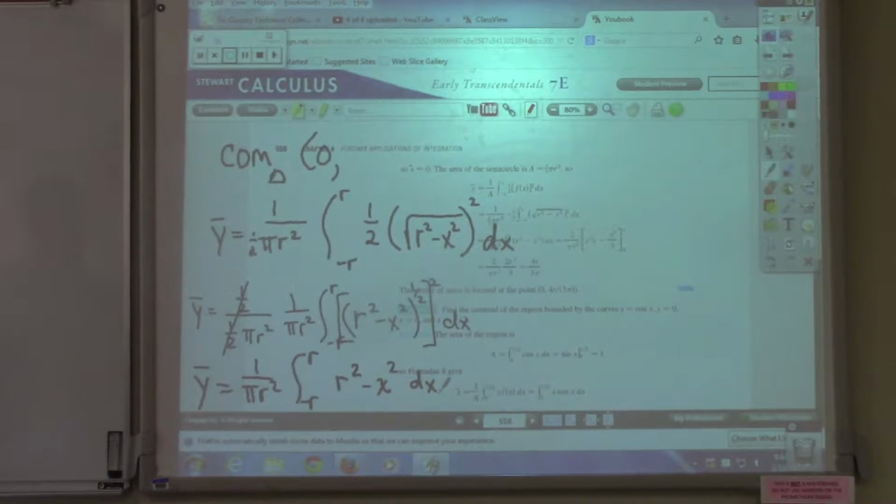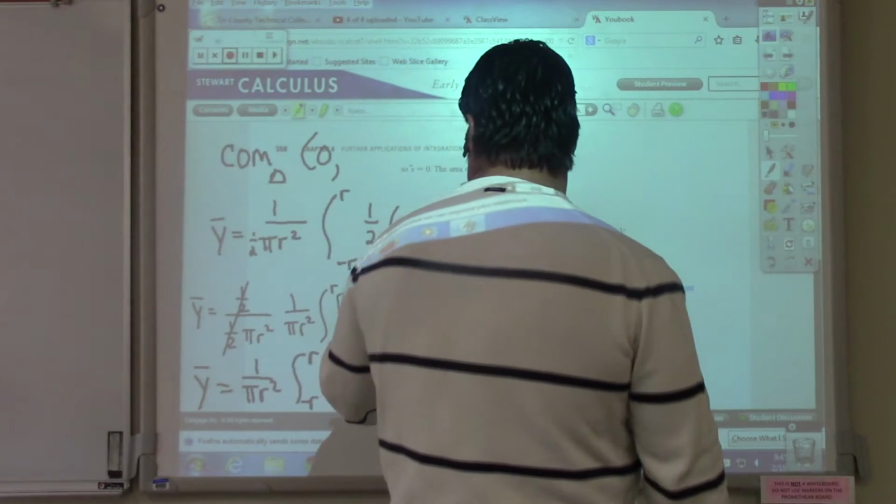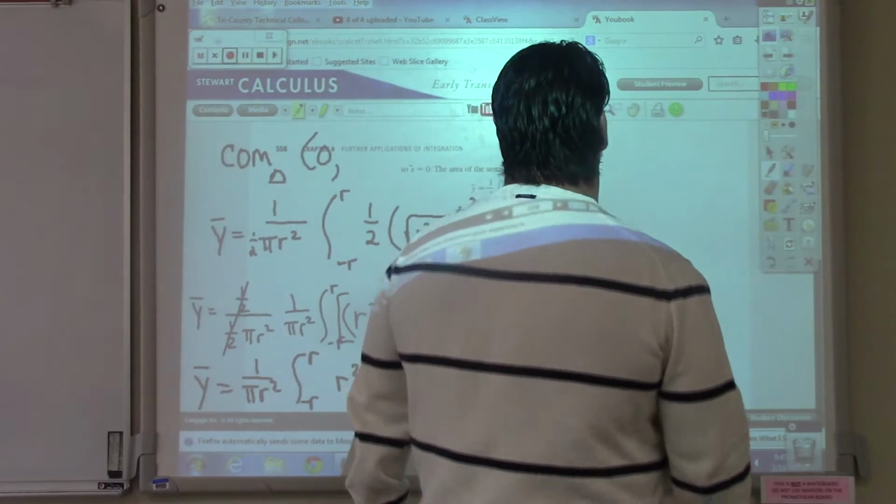And they're basically going to use implicit differentiation. Let's see. But that's going to be, you can break it up into two if you want to. So I'm going to break it up.